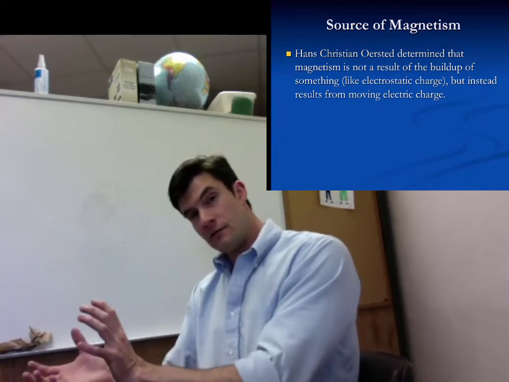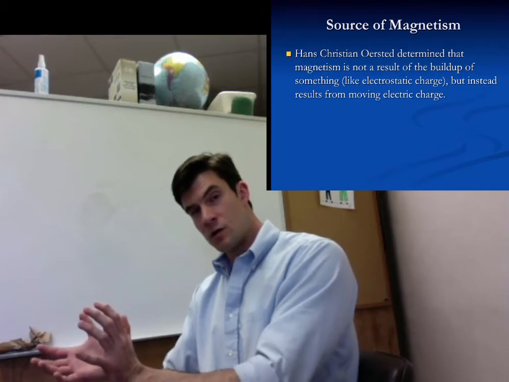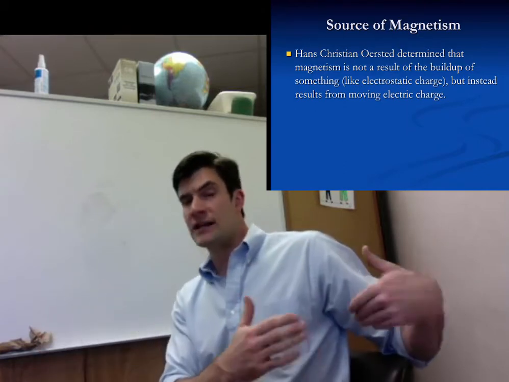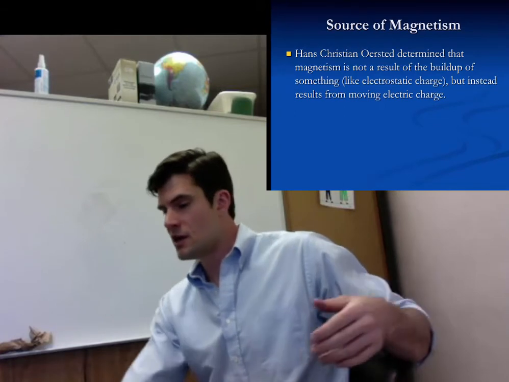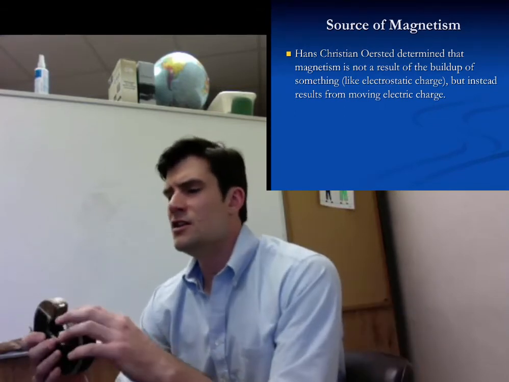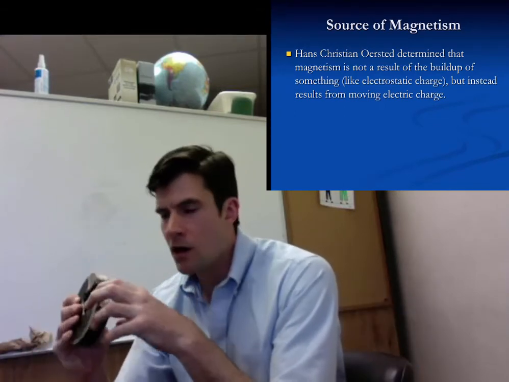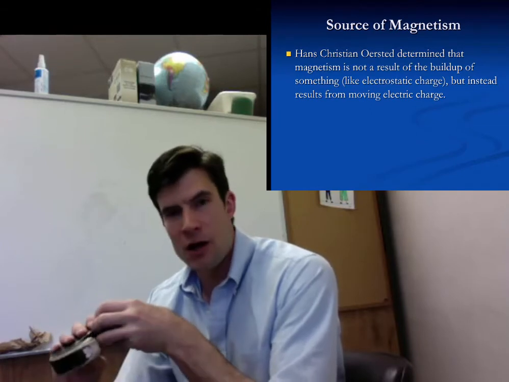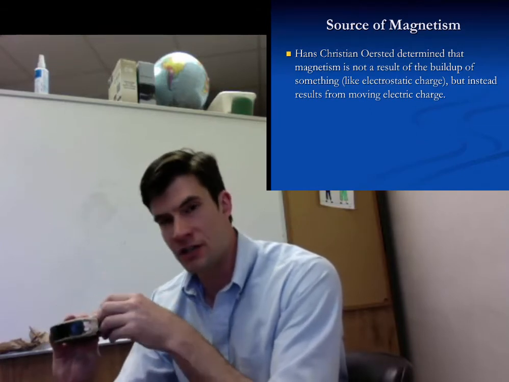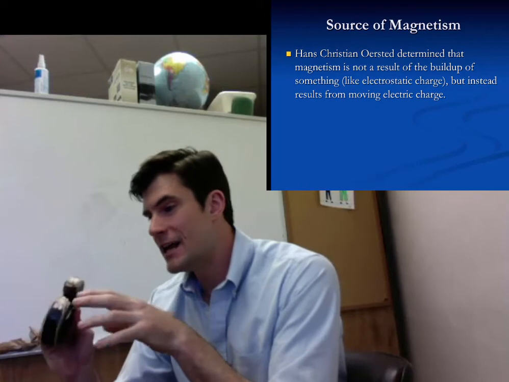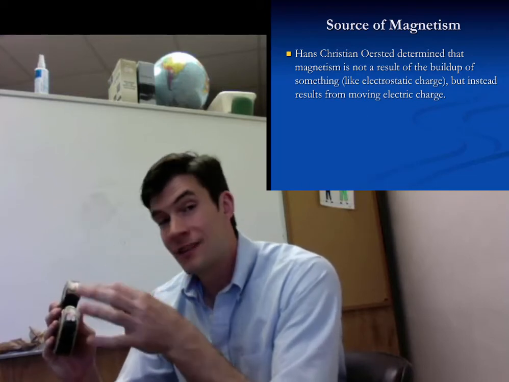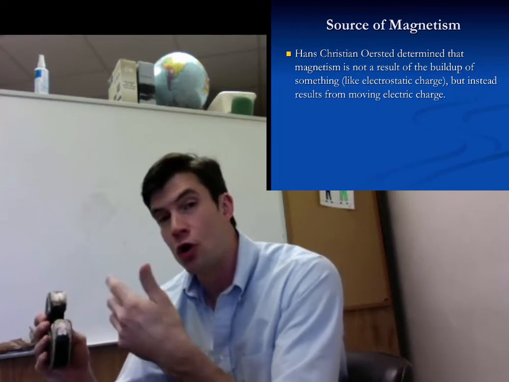An object is negative because it has more electrons than protons. An object is positive because it has fewer electrons than protons. So people originally thought that the North Pole had more of something that the South Pole was deficient in, that there was some type of magnetic particle, like a magnetic analog to the electron.